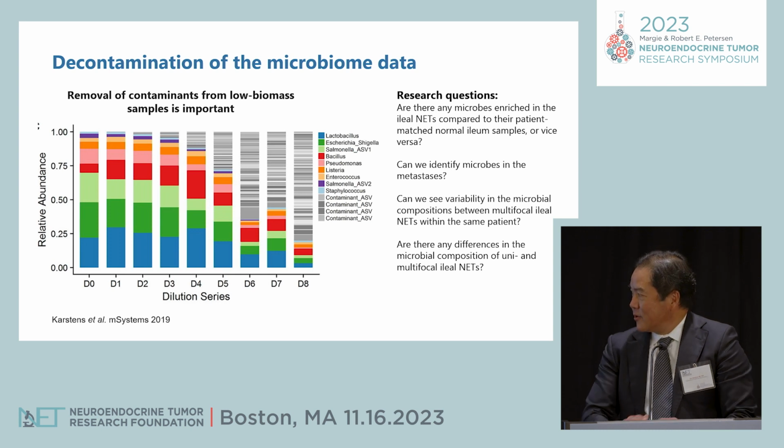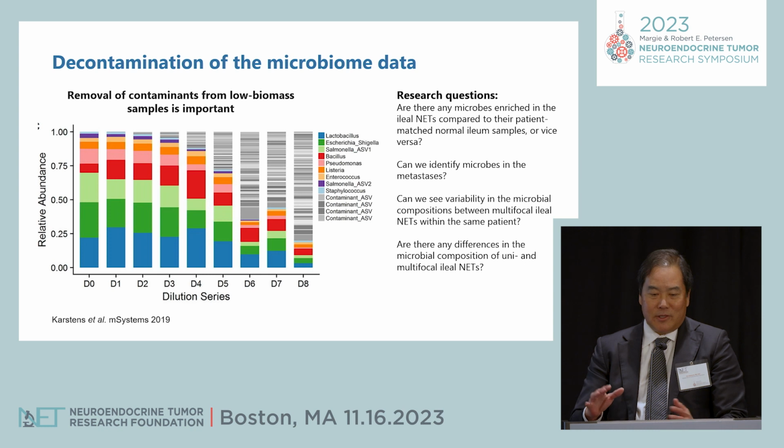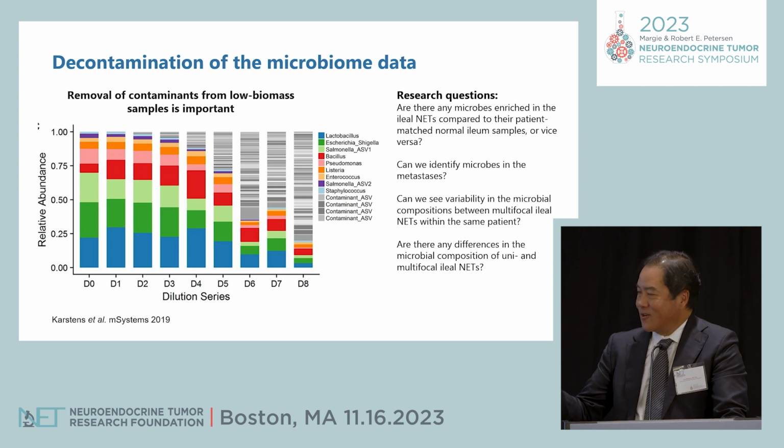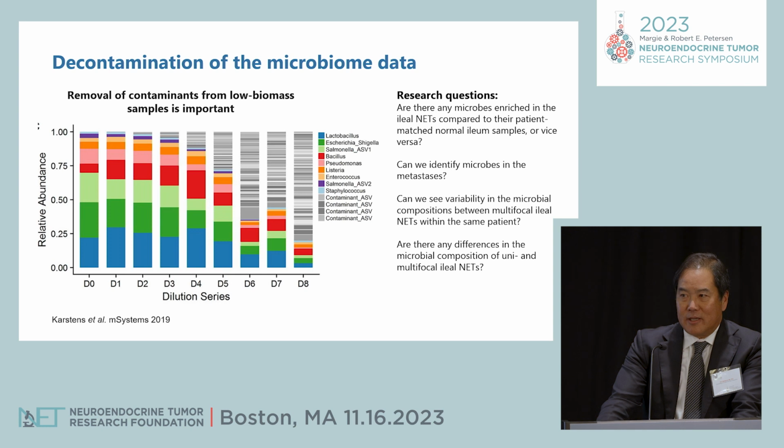And at a very simple level, you can imagine whatever's in the blood you may want to try to subtract out, but there are statistical and methodological ways that this is going to be addressed. But once these things are addressed, all these questions on the right can be looked at. Do we find that there are any bacteria or other microbes that are enriched in the tumors compared to the normal blood and normal tissues?